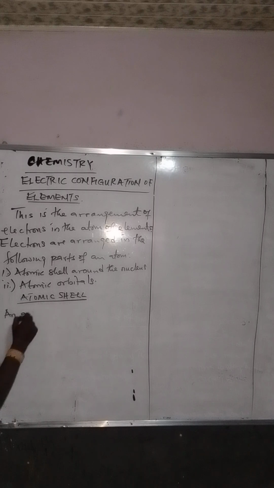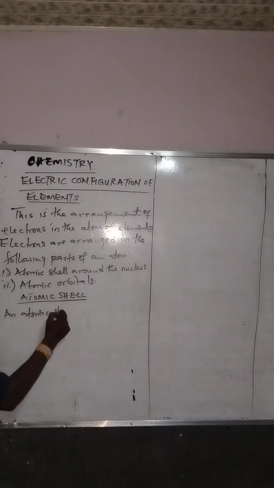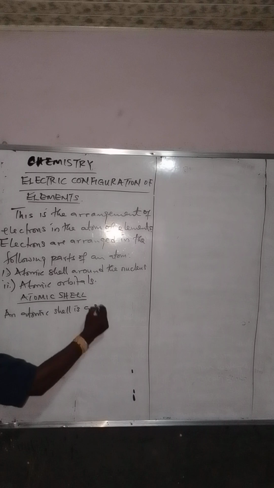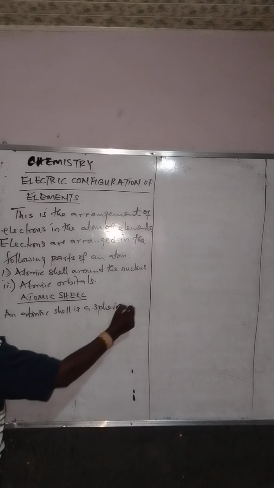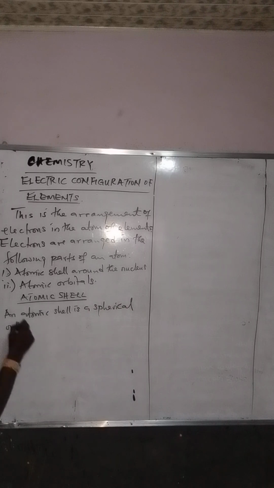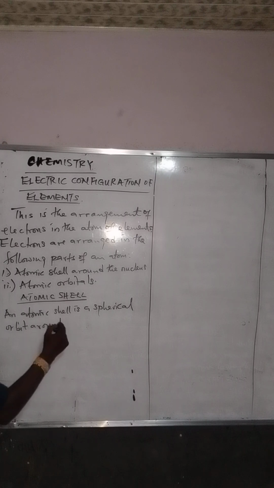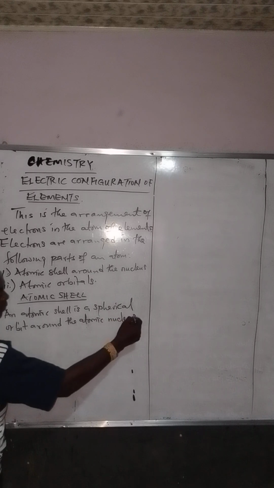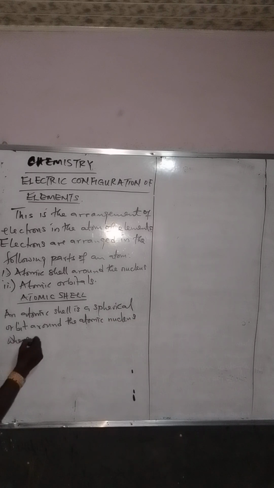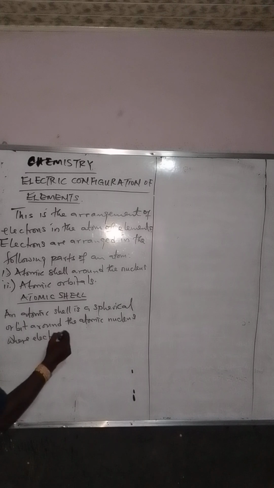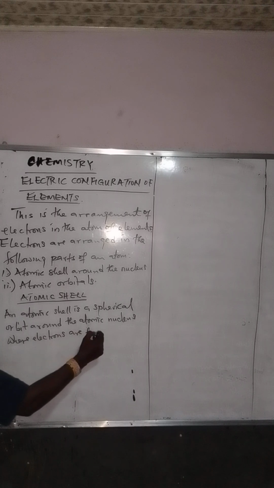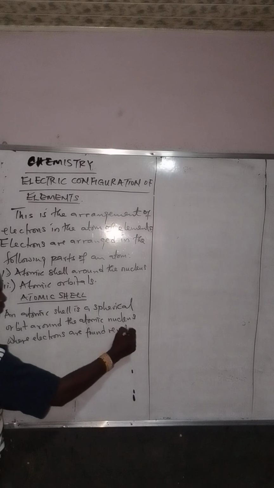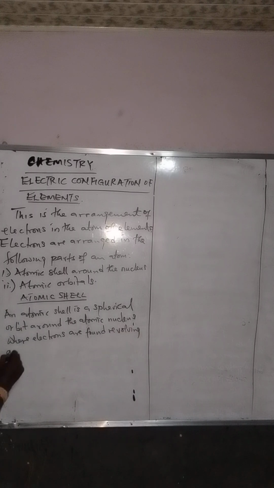So let's talk about atomic shell. An atomic shell is a spherical orbit around the atomic nucleus where electrons are found revolving around the atomic nucleus.